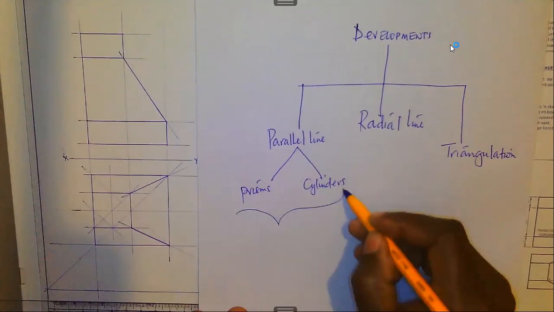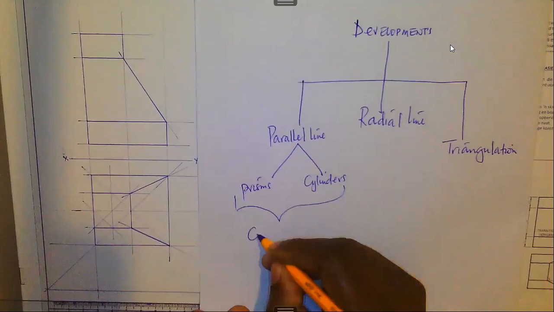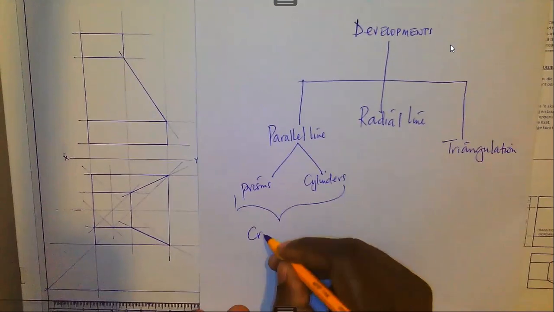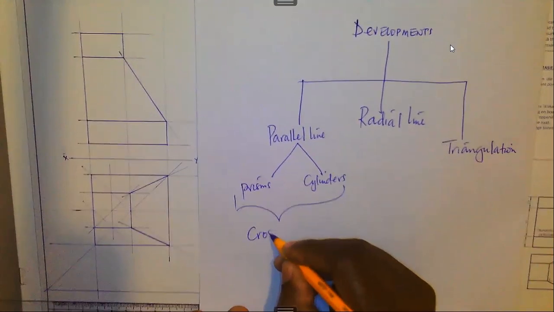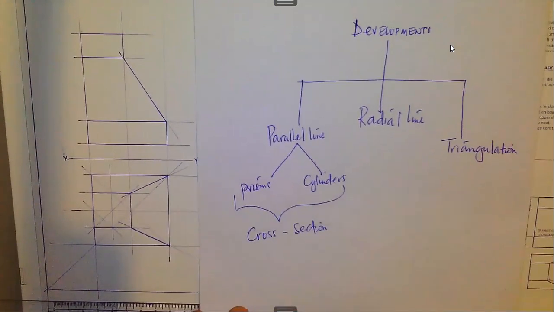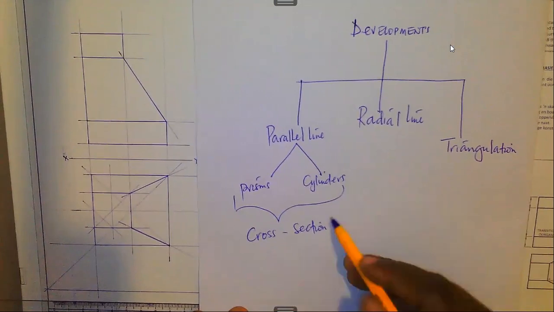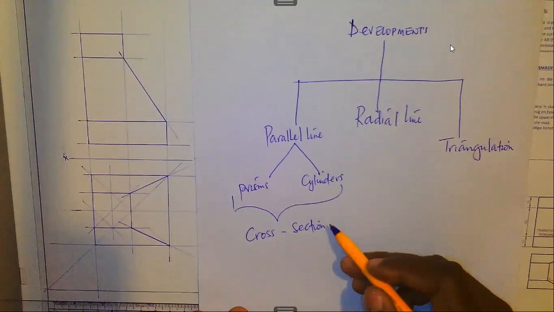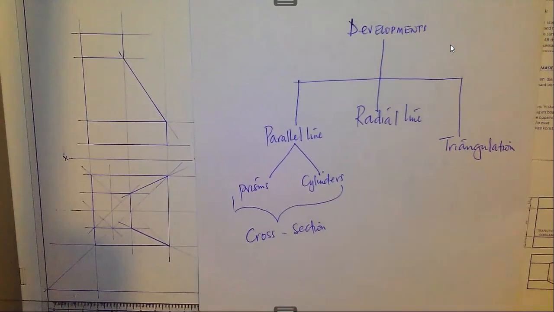They do have a uniform cross-section. Whether you cut at the top or in the middle, as long as the cutting plane is positioned the same, the section, or the shape of the section that you produce, would basically be the same.